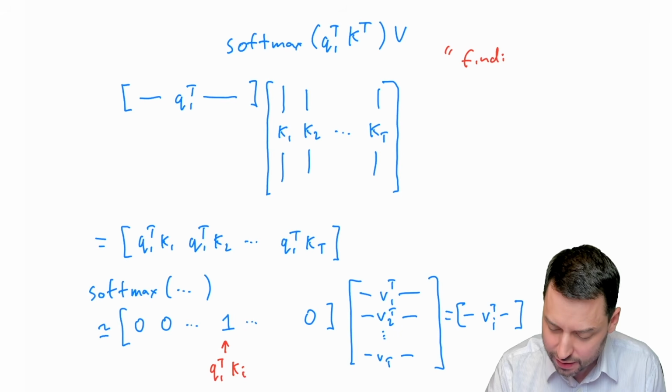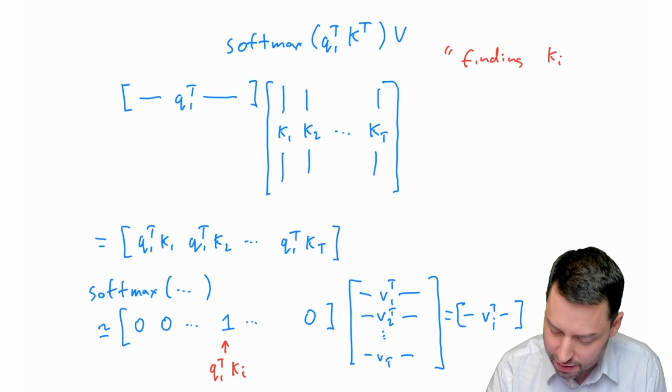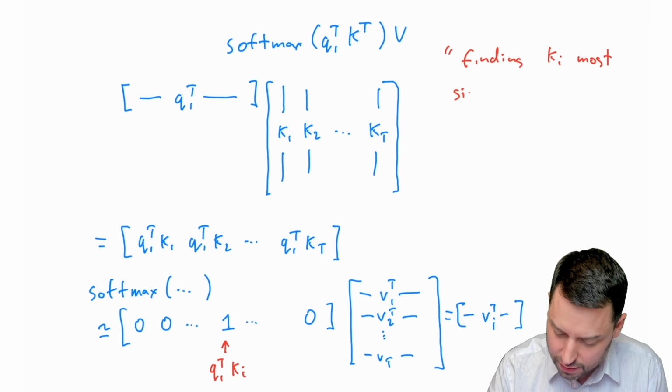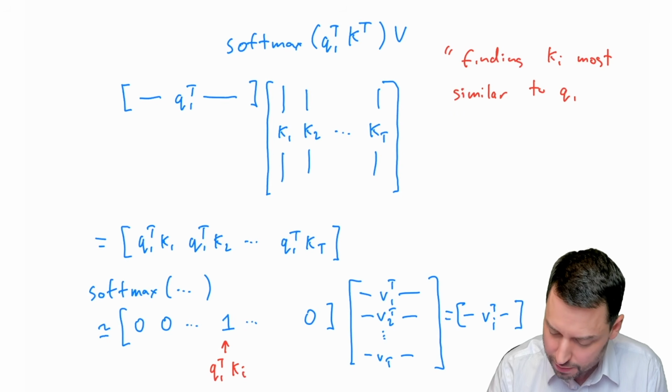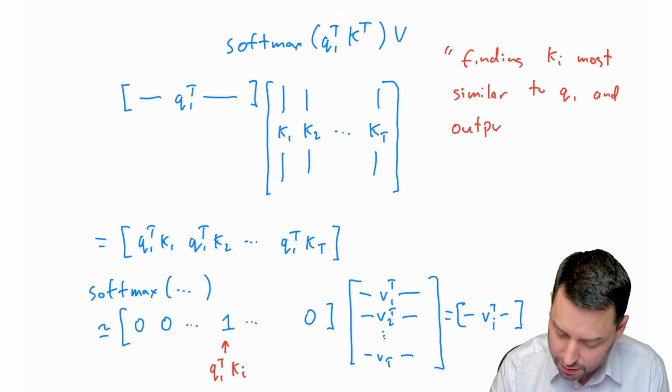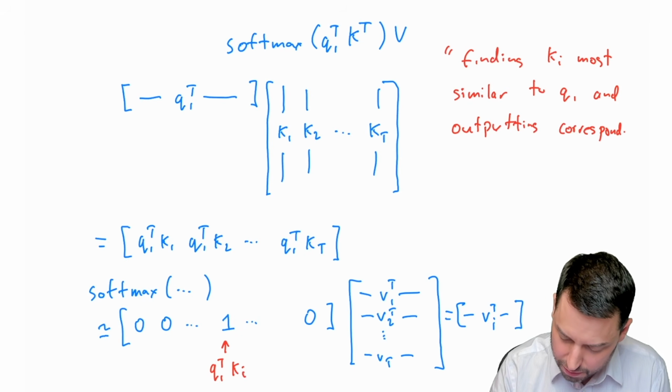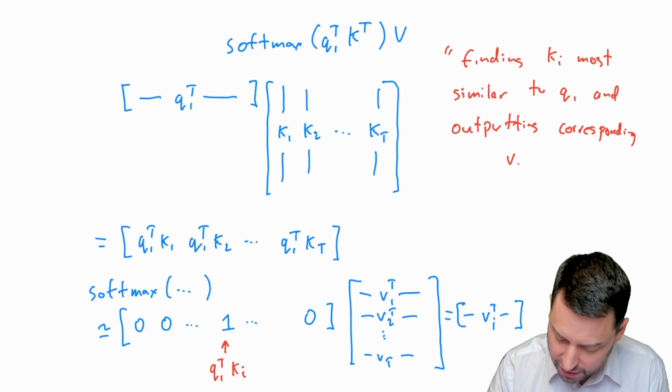We're finding Ki most similar to Q1 and outputting the corresponding Vi.